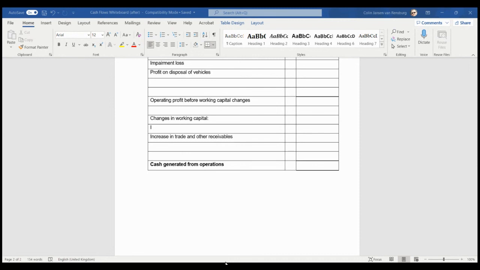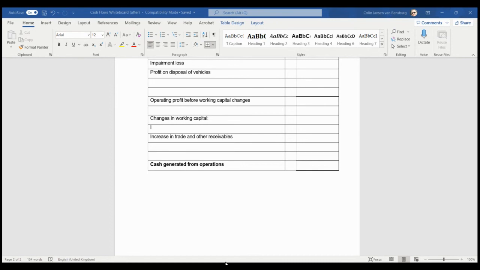There are more worses than betters. Your outstanding balance for debtors has increased this year, so there are more debtors outstanding than last year, which means last year they paid you better. They're paying you worse now.